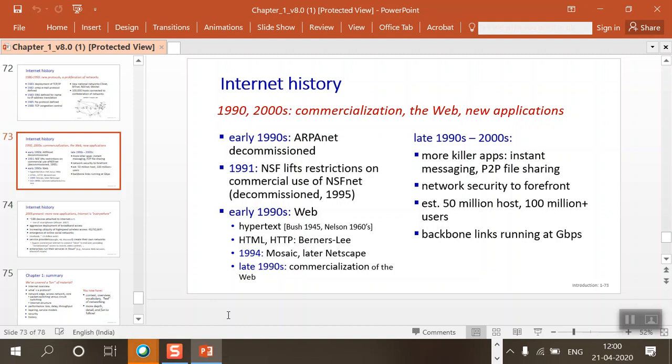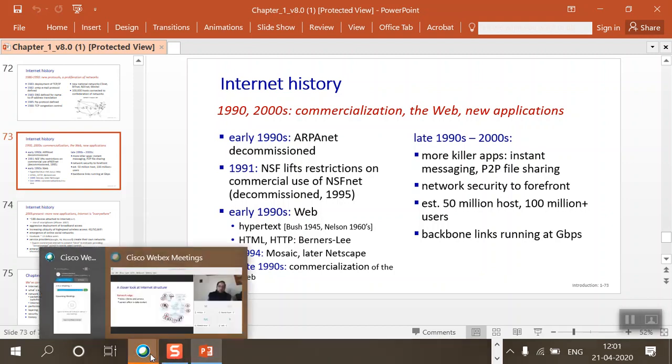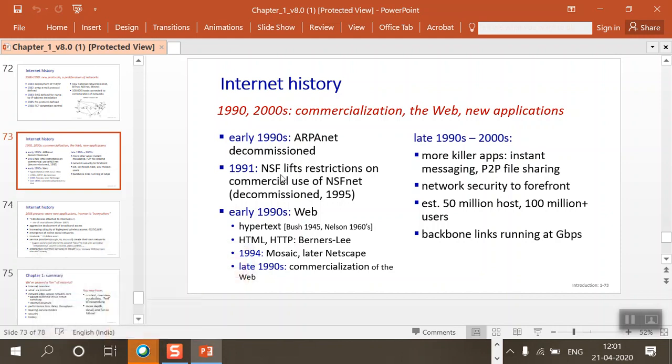Okay. Now, if we see where the internet has reached presently, we see billions of devices. As an example, most of you would have a Facebook page. Facebook has approximately 2.5 billion users.